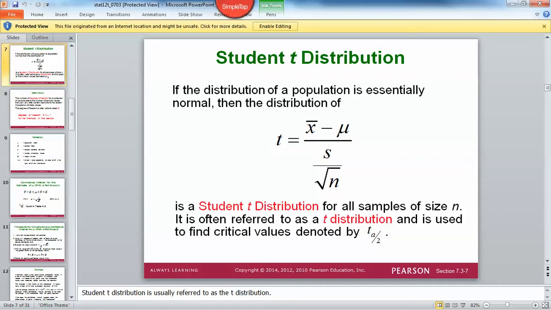Alright. If the distribution of a population is normal, then this distribution, t equals x bar minus mu over s divided by the square root of n, is a student t distribution for all sample sizes n. It's often referred to as just a t distribution. Okay? And critical values are denoted by t sub alpha over 2.